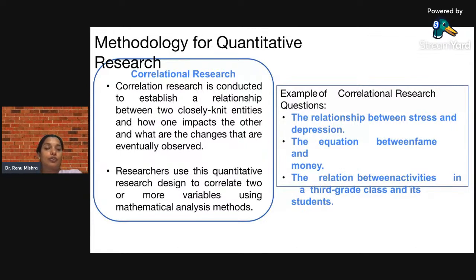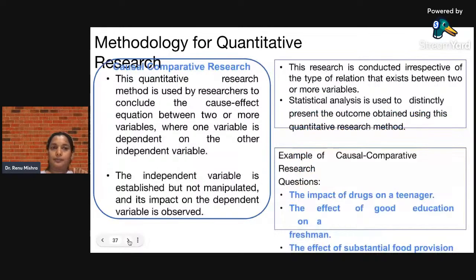For example, for correlation research, the relationship between stress and depression: your depression is dependent on how much stress you take. Another is the equation between fame and money. Fame is independent and money is dependent, right? This is the way you try to understand the relationship between the chosen variables.